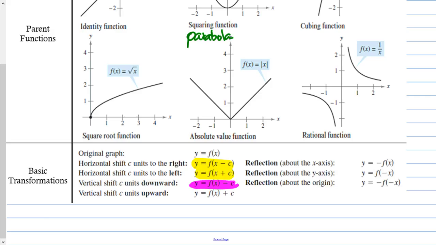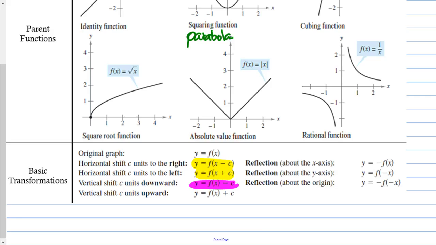As you can see, the number is not just being added to the function, it's actually being added to the x, or being subtracted from the x. And so when the number is being added or subtracted from x, you're not going up and down, you're going left and right. And it's actually the opposite of what it looks like. If it's x minus c, you're actually moving to the right. And if it's x plus c, you're moving to the left.